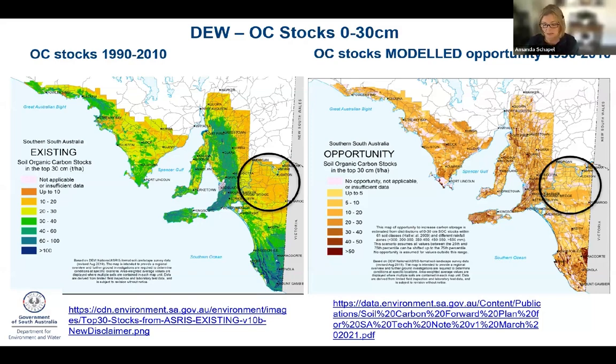So sandy soils do have a smaller capacity due to that protection that it offers. There's also a map there on the right that shows the opportunity. So this is what would happen if the samples that were at that lower end of the zone. So we break everything into percentiles, and our lower limit is our 25th percentile.